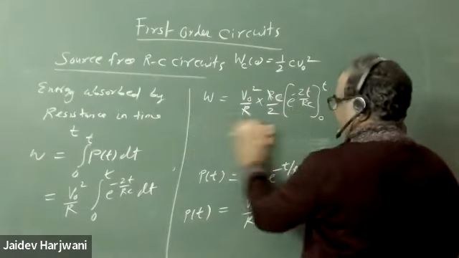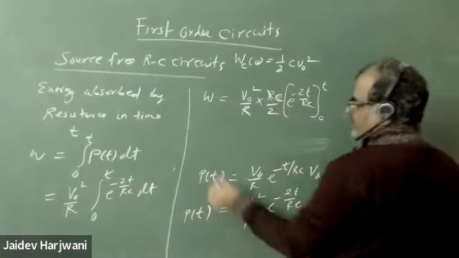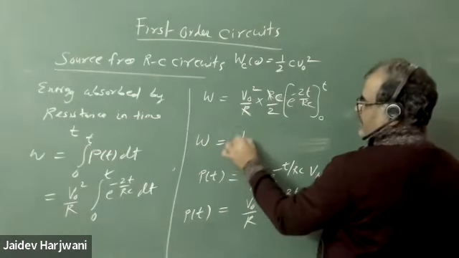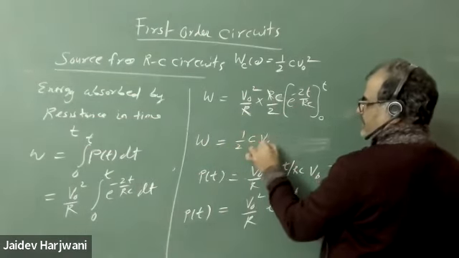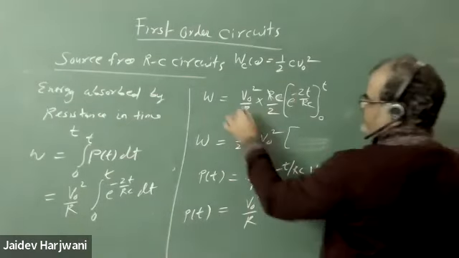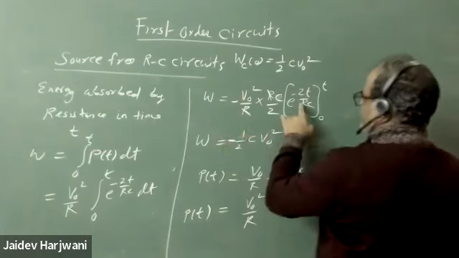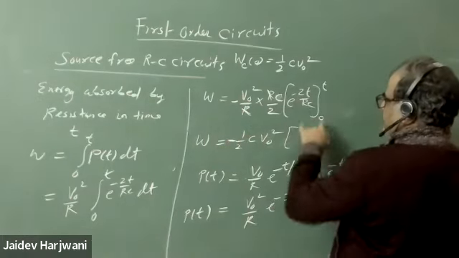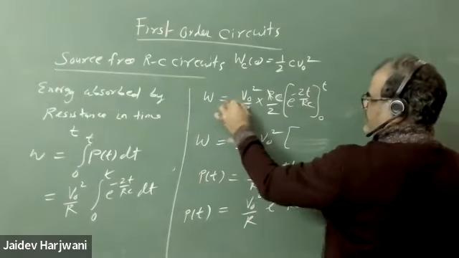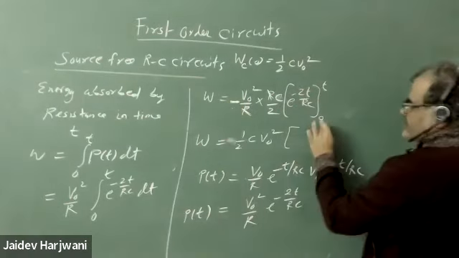And if I solve it further, this will give me W equals half C V naught square. The minus sign will come because when we integrate this one, I can change the limit. So I put 0 first, and this is a minus, so I'm changing the limit and putting 0 here.